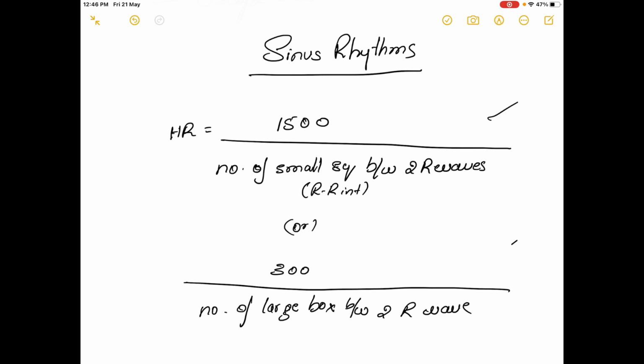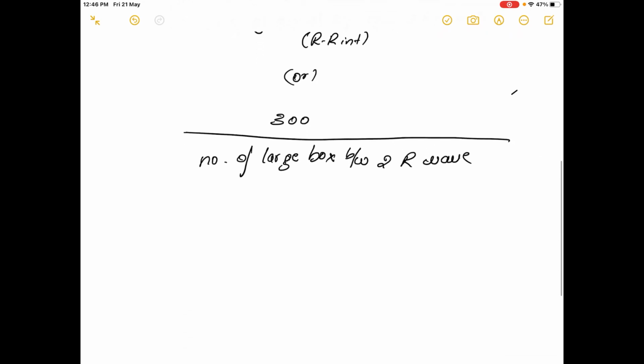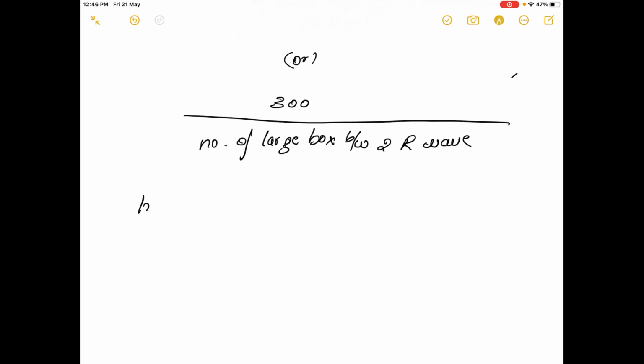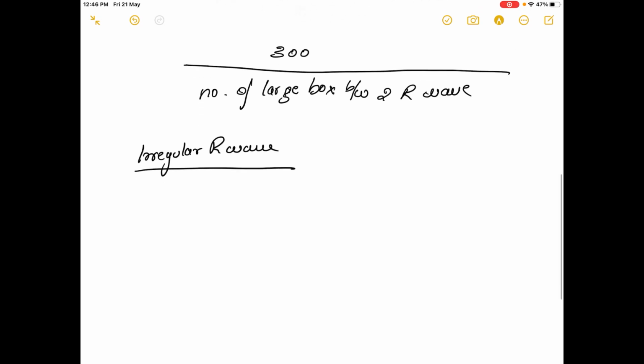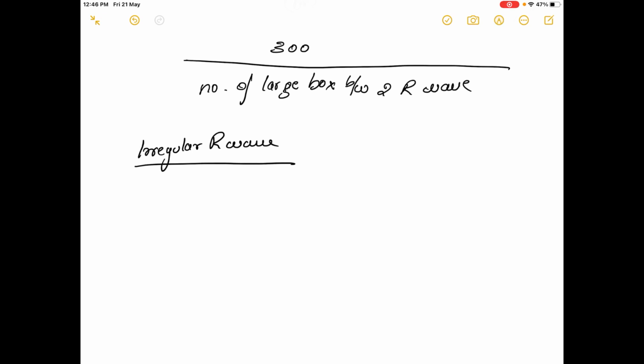Further, in case there are irregular R waves, especially in atrial fibrillation or flutter, we count the number of R waves in a 3-second ECG strip.